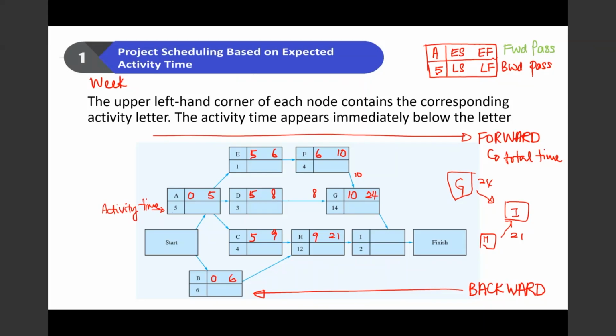Activity I can only start after both have completed, so that is in week 24. Activity I takes 2 weeks, so 24 plus 2, this is 26.